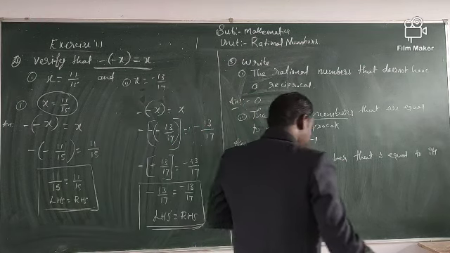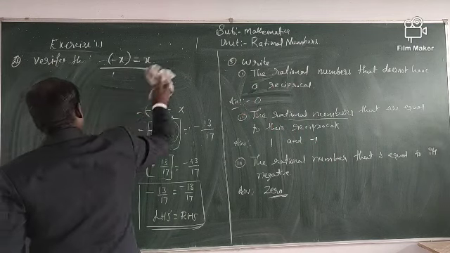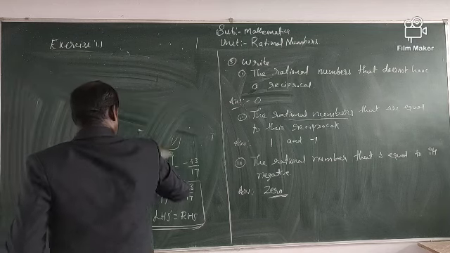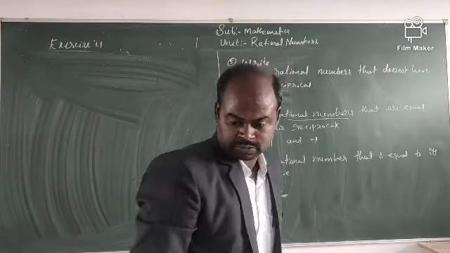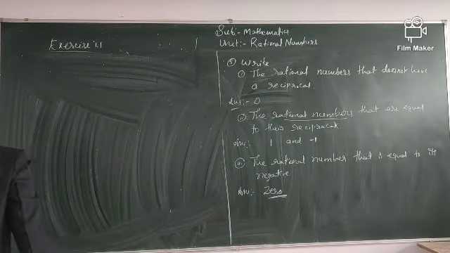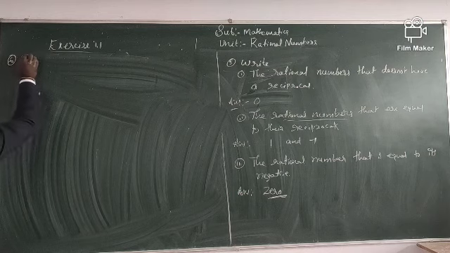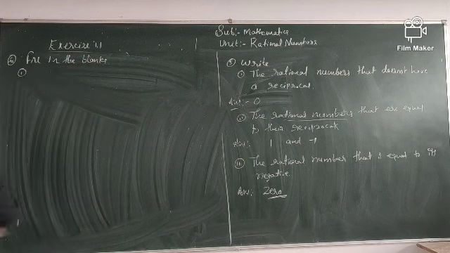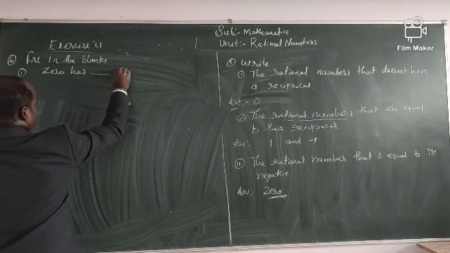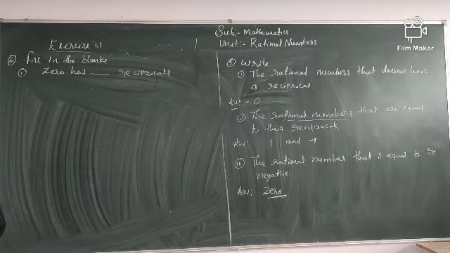Understand? Next, fill in the blanks. First one: 0 has dash reciprocals. Okay, children, you see there are no reciprocals for 0.